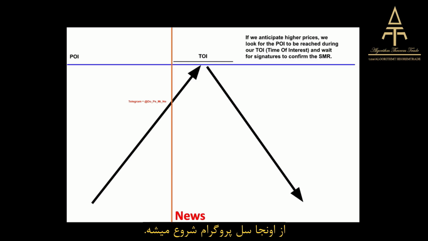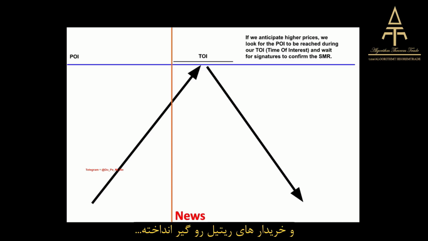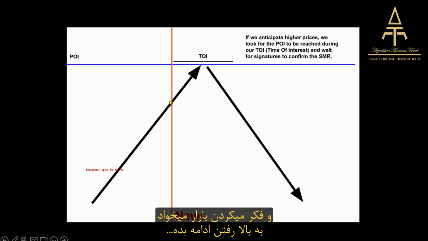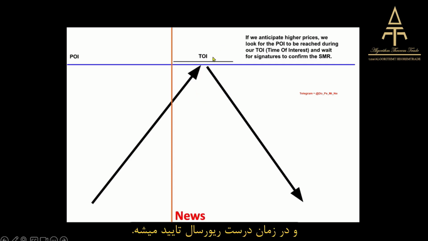And from there on, a sell program begins and price is distributed lower. So again, the function of the news was to send price higher. Once more, trap retail-minded buyers into believing that the markets were going to continue to rise. Boom, lower time frame break or mitigation block formation during the right time, and there it goes. Smart money reversal confirmed.